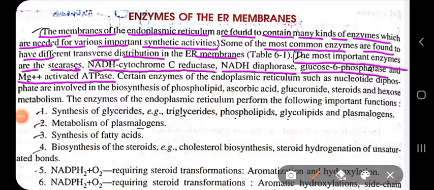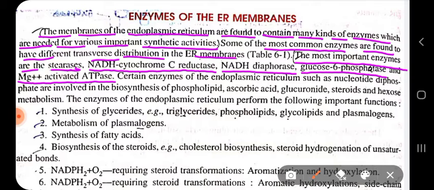Again, I repeat, these enzymes are found on the membranes of the endoplasmic reticulum, and these enzymes are distributed either on the cytoplasmic phase as well as on the luminal phase. These enzymes are very important because they perform various synthetic activities.